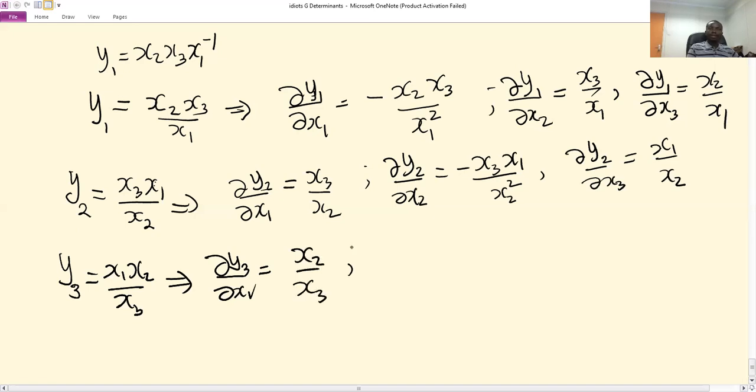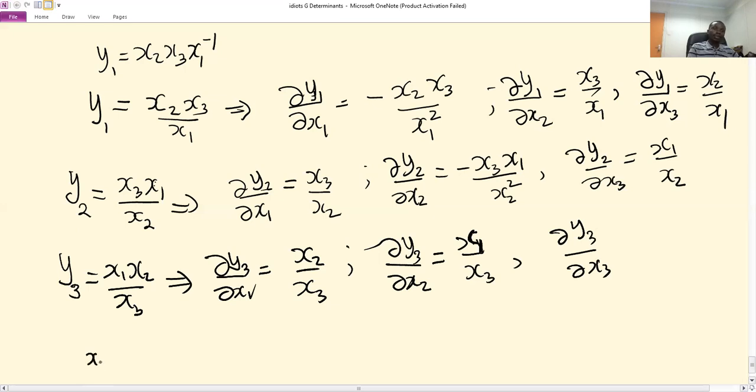Partial y3 partial x2 will be x1 over x3, and for partial y3 partial x3, you rewrite this as x1 x2 x3 power negative 1. So drop, we have negative x1 x2. Then subtract 1, power negative 2, so bring it into the denominator, we have a square.